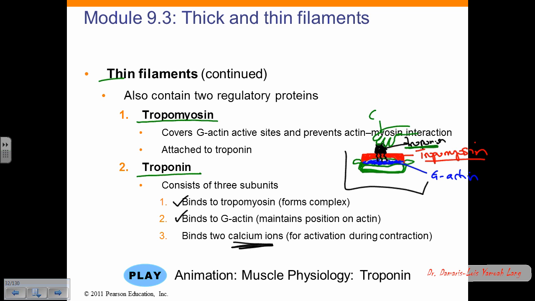My fingers will be calcium. Hold troponin, and what will I do? I'll displace the tropomyosin and expose the G-actin. So when I expose the G-actin, the myosin head will bind to the G-actin on the thin filament, pull it and close it. So that's how the contraction occurs.